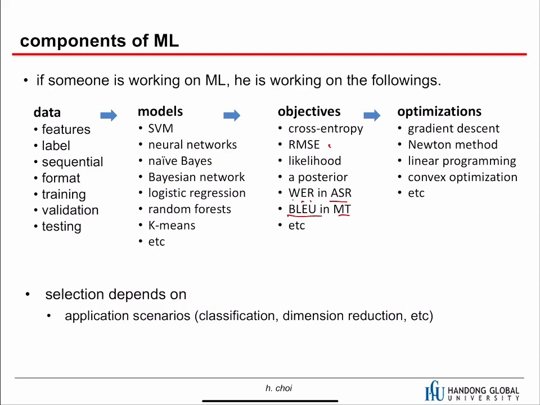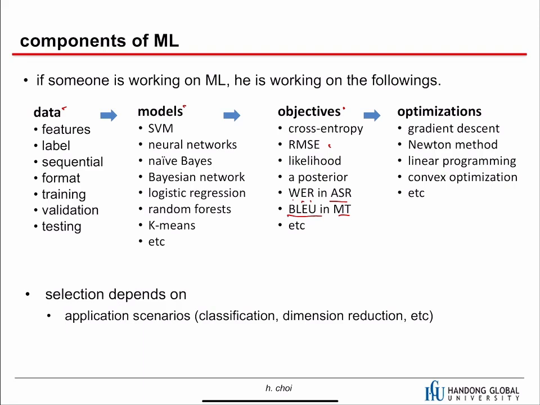Now we have data, models, and an objective function, then we have to actually train. We have to choose one of these optimization techniques, and with one of them, we have to train this model. As I said, our choice depends on the application scenario. Is it a classification problem, or do we have to reduce the dimensionality, or estimate some specific values, or recognize some things?